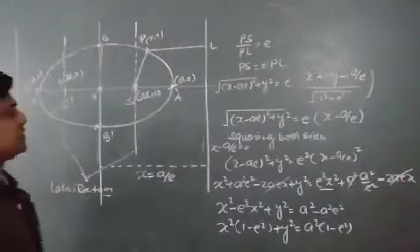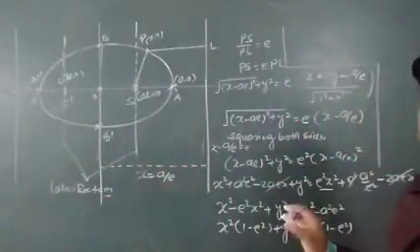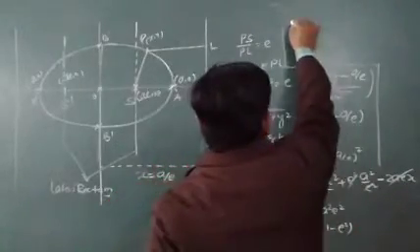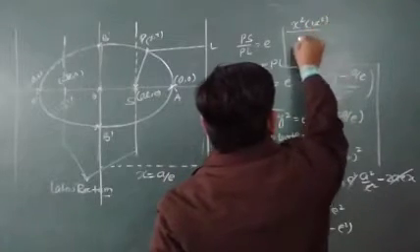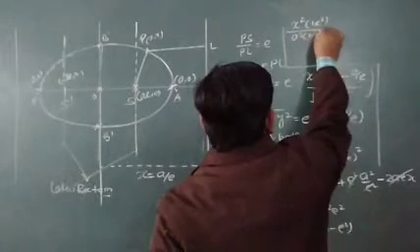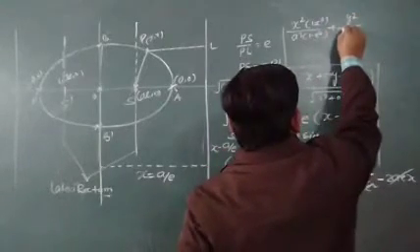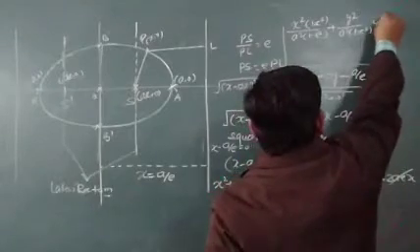When I divide this equation by a²(1 - e²), listen to me carefully: it will be x²(1 - e²)/(a²(1 - e²)) + y²/(a²(1 - e²)) = 1.